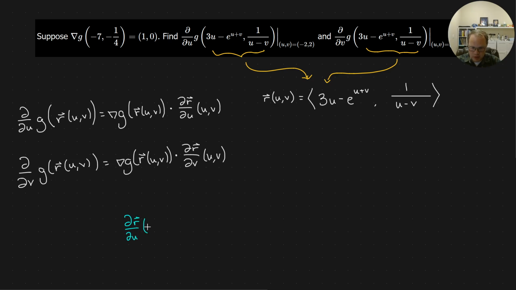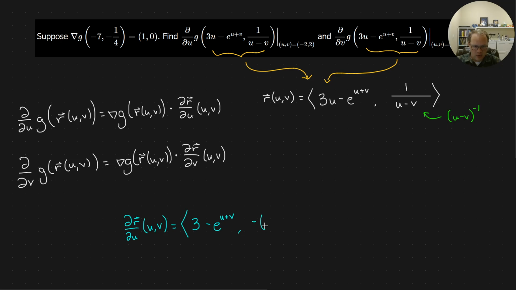Partial derivative of r with respect to u. My first component, partial derivative with respect to u, I get 3. And then derivative of e to the u plus v would just be e to the u plus v. And then if you multiply by the derivative of the exponent, you just get 1. And then for this one, the easiest way to approach this is to think of this as u minus v to the negative 1. That way you don't have to pull out a quotient rule. You just need a power rule with a chain rule.